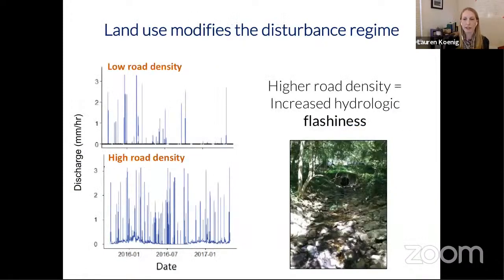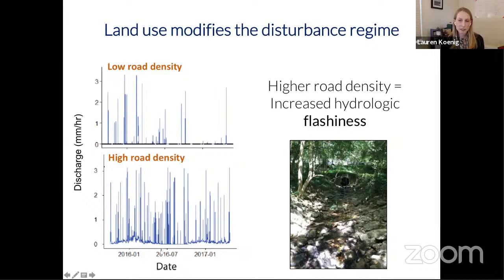And in urban areas, when it rains, roads shunt water into receiving stream networks as quickly as possible. And so we see this play out in the North Carolina watershed, where two streams receive the same precipitation input, but a stream segment with higher surrounding road density, here on the bottom, exhibits a storm response much more frequently, on average every 5 to 7 days.